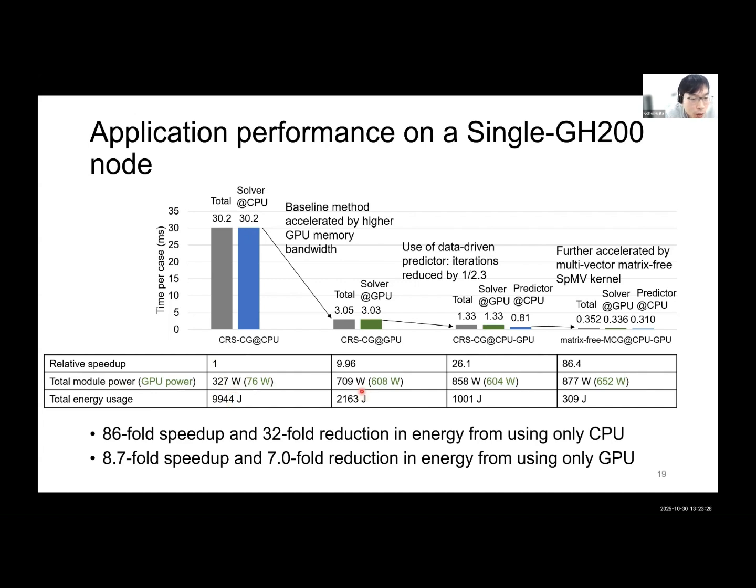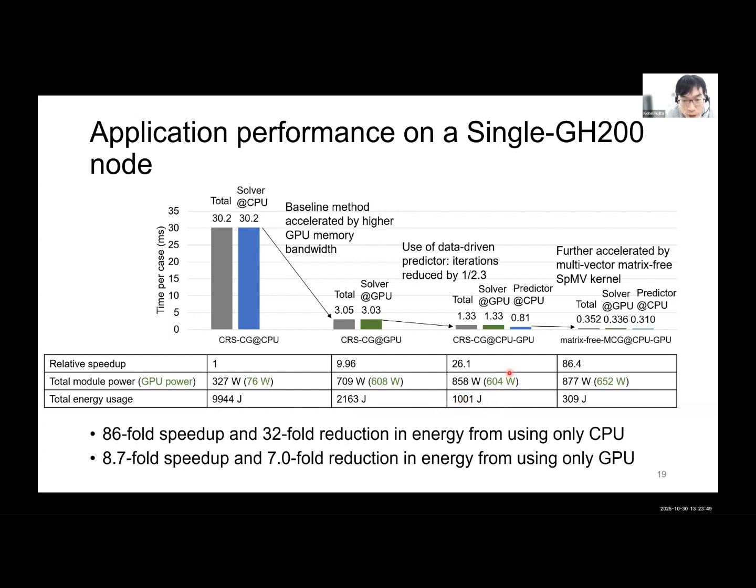When we use a GPU, 600 watts is used on the GPU, and we could get about a 4 to 5-fold improvement in the energy usage when compared to the CPU-only case.